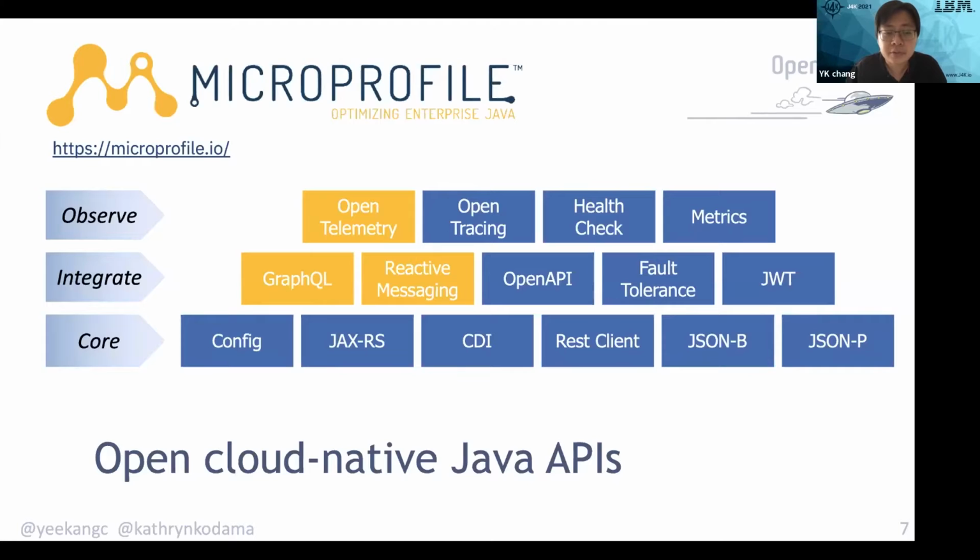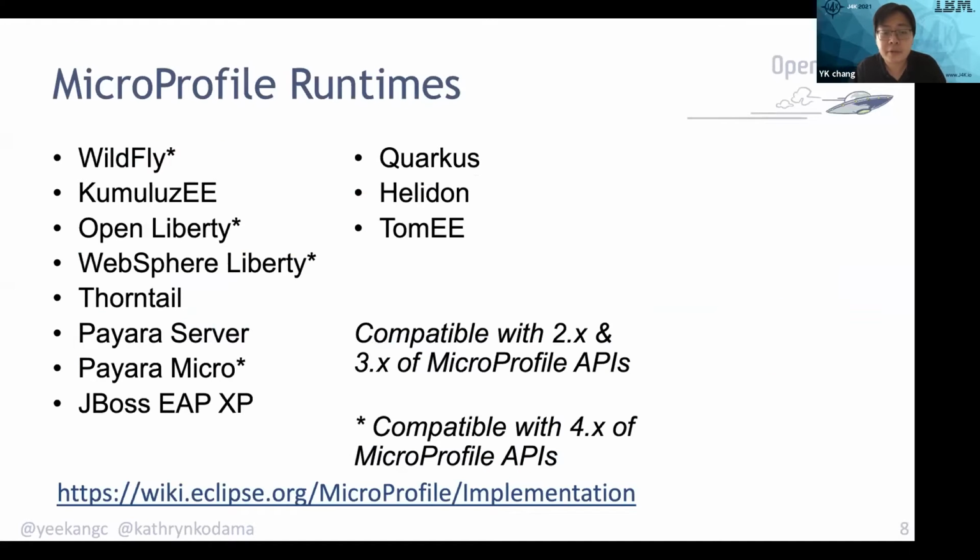For instance, externalizing your configuration with MicroProfile Config, or dealing with OpenAPI, or even as we integrate in Kubernetes or cloud native environments, we need to deal with things like health checks and metrics and so on. So these APIs under MicroProfile help facilitate how you would build an application for such a cloud native environment easily.